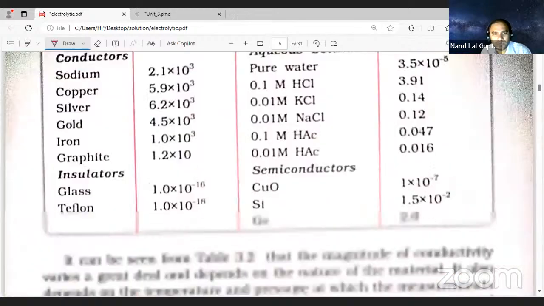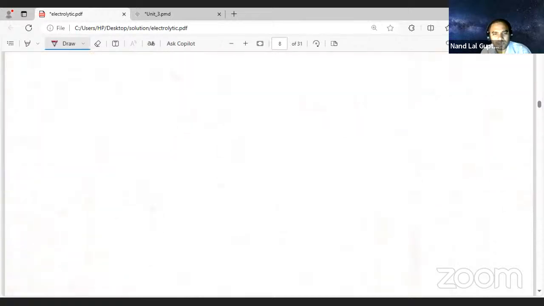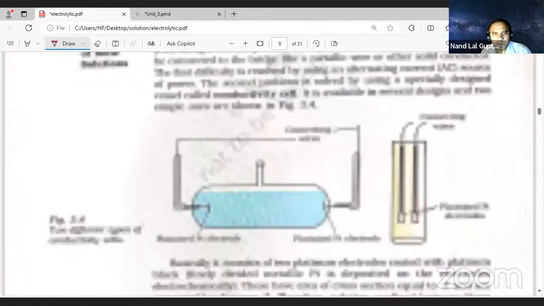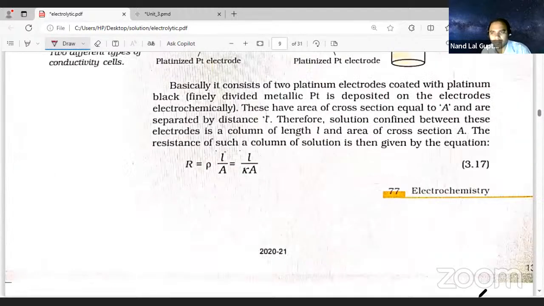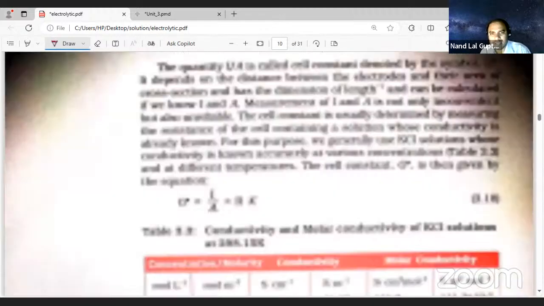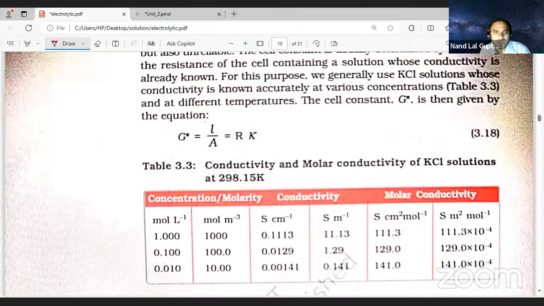Just give me 1 minute. Where is the conductivity? Just searching. Here not there. Here is also not there. Just I am showing you. This is the K. You can correlate this one.